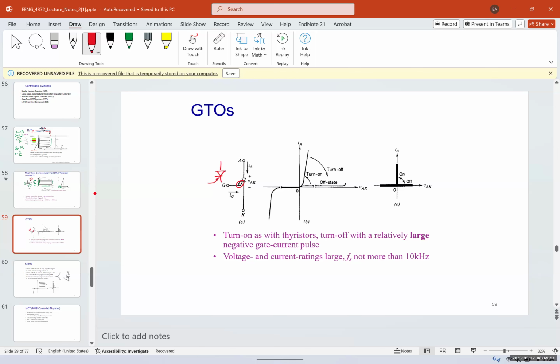The GTOs turn on as with thyristors and turn off with a relatively large negative gate current pulse. The voltage and current ratings are large. Fs is not more than 10 kilohertz. So very large voltage, very large current, but low frequency compared to the MOSFETs.